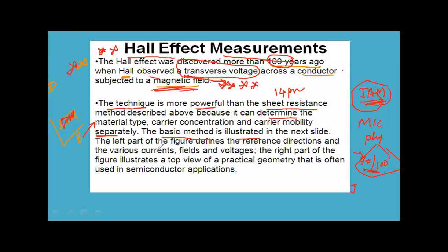We're going to discuss this later. You should remember that this is a more powerful technique than sheet resistance, and it was discussed 100 years ago. Here the sample is a conductor, and here they observe the transverse voltage, and we apply the magnetic field.